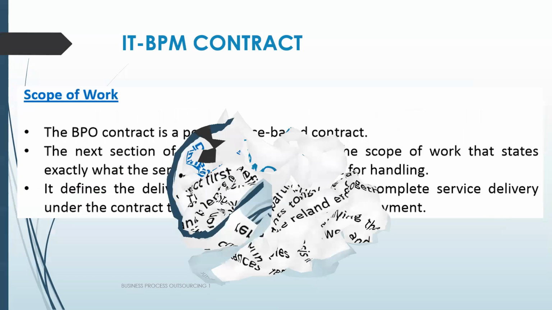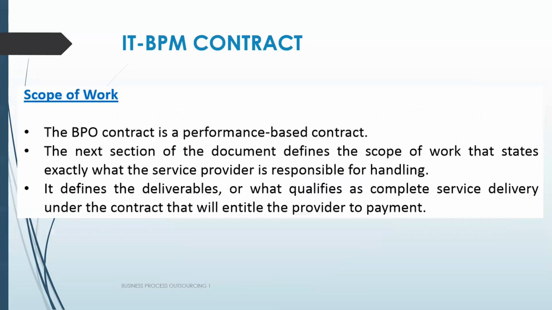The scope of work. The BPO contract is a performance-based contract, so it should be stated in the contract what the necessary performance is that the service provider should perform. The next section of the document defines the scope of work that states exactly what the service provider is responsible for handling.